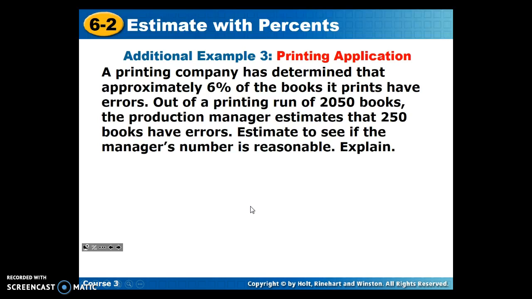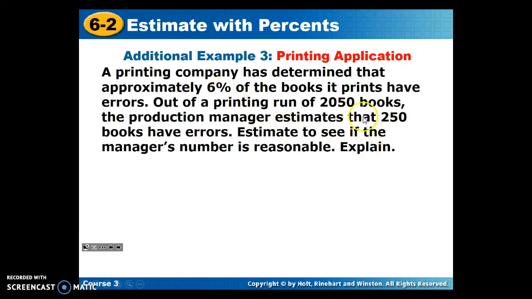Okay, last question. A printing company has determined that approximately 6% of the books it prints have errors. Out of a printing run of 2,050 books, the production manager estimates that 250 books have errors. Estimate to see if the manager's number is reasonable. Explain. Approximately 6% is actually less than 10%.